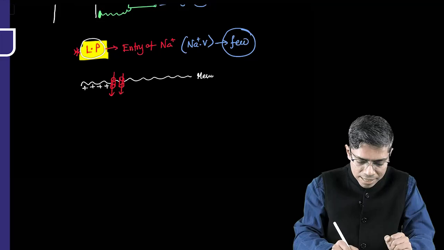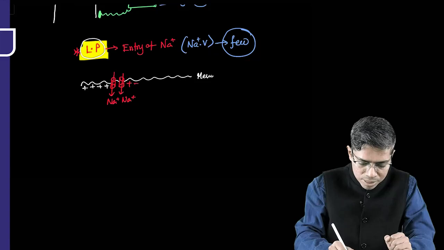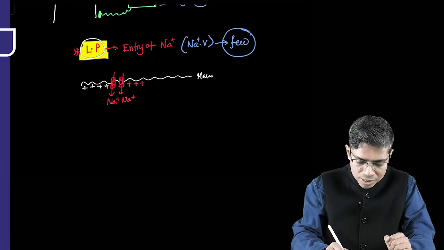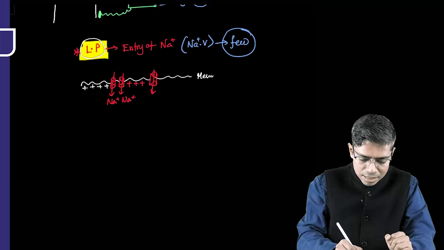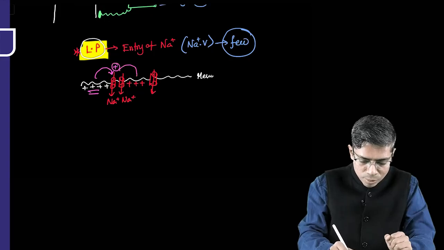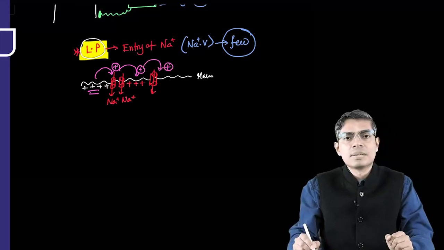Further sodium will enter inside the cell. This sodium will cause more depolarization. That depolarization will open up further sodium channels. So a little bit of depolarization is helping the opening of sodium channels, that sodium channel is causing more depolarization, and that depolarization is opening up further sodium channels.